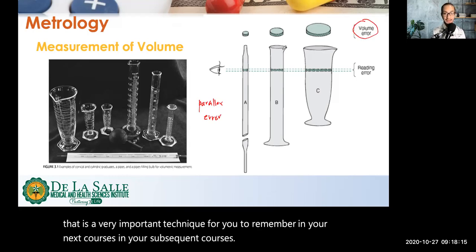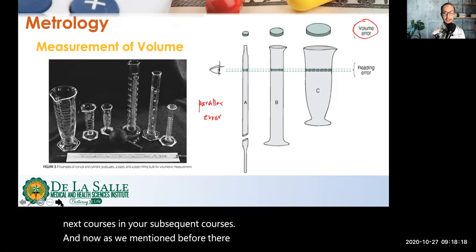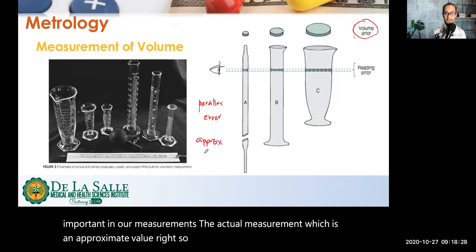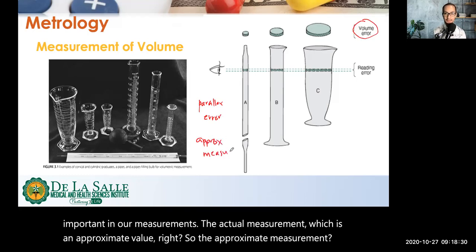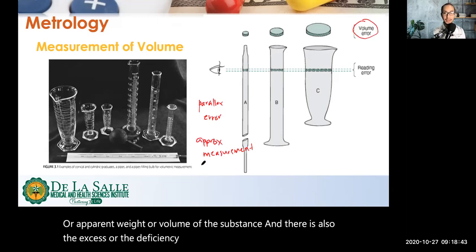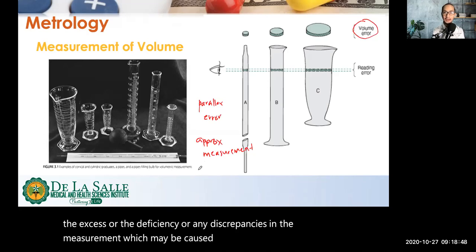And now, as we mentioned before, there are two things that are important in our measurements. The actual measurement, which is an approximate value, or the apparent weight or volume of the substance. And there is also the excess, or the deficiency, or any discrepancies in the measurement, which may be caused by errors by the operator or by the instrument itself.